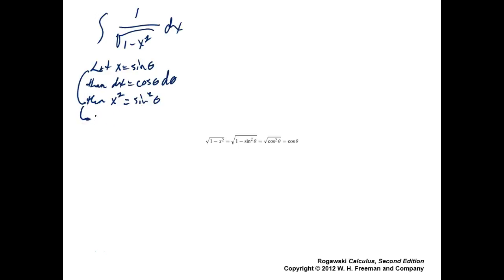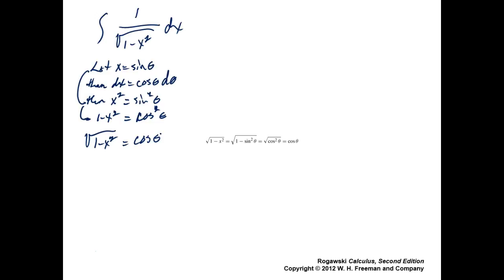Then 1 minus x squared is equal to, you got it, cosine squared theta. And then the square root of 1 minus x squared would be cosine theta.